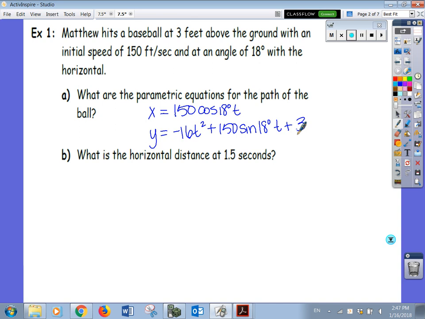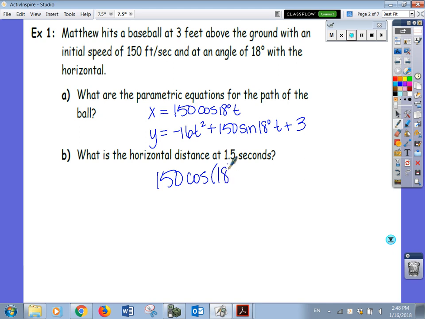So now that you have your two equations, we're going to use those equations to answer all the questions. And again, sometimes it's just straightforward, like letters B and C. What is the horizontal or the vertical distance at 1.5 seconds? So in your calculator, in degree mode, because we're hitting the cosine button, you would just type in 150 cosine.